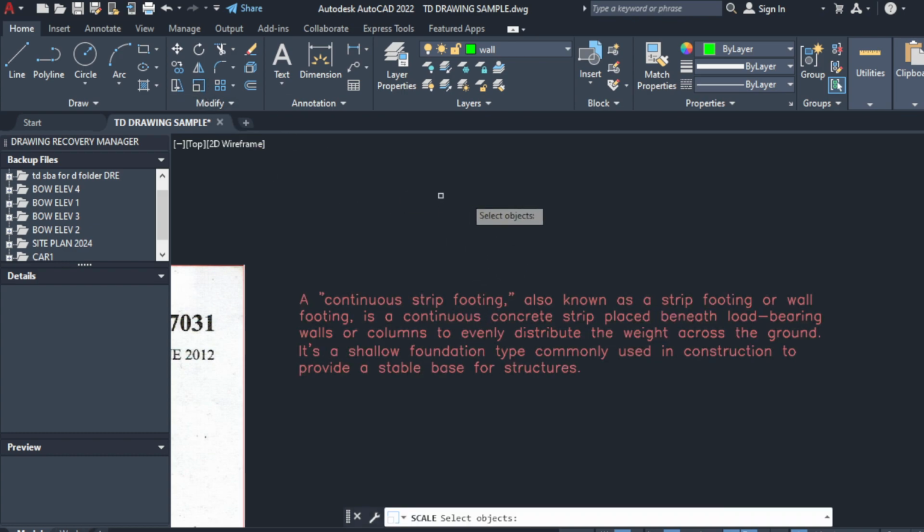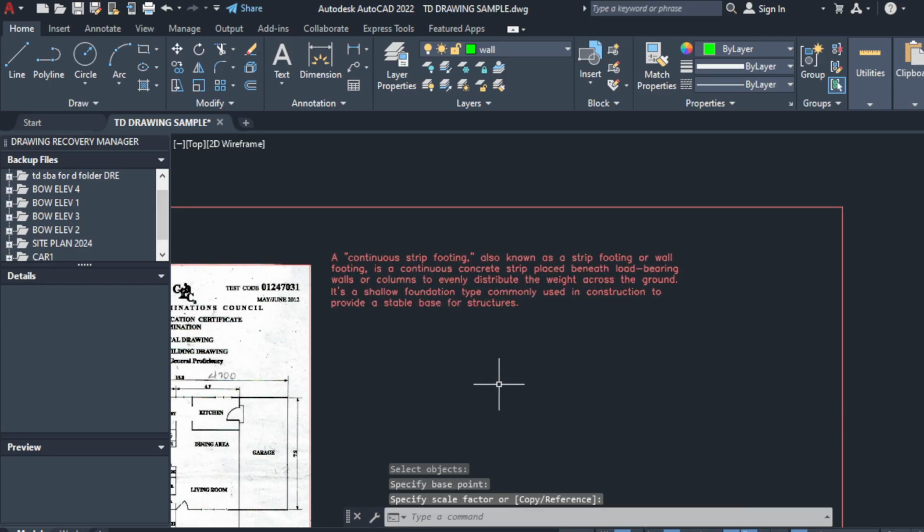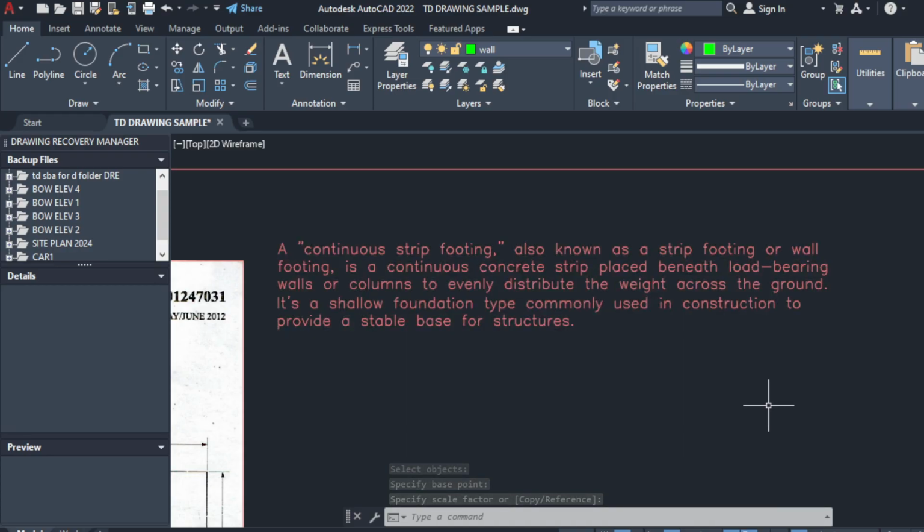A continuous strip footing, also known as strip footing or wall footing, is a continuous concrete strip placed beneath load-bearing walls or columns to evenly distribute the weight across the ground. It is a shallow foundation type commonly used in construction to provide a suitable base for structures.